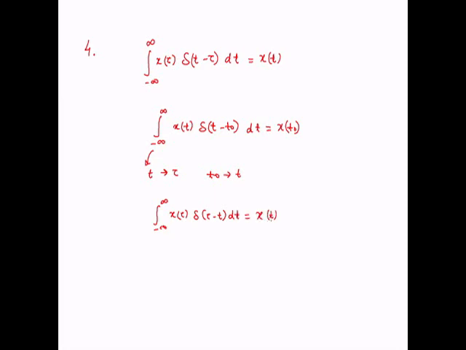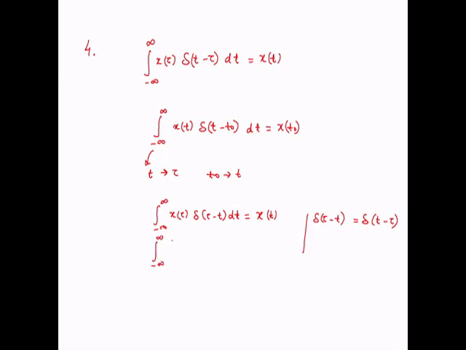Fine. And by the property we can easily write that delta(tau minus t) is equal to delta(t minus tau) by the even property of the impulse. By this we can proceed further.